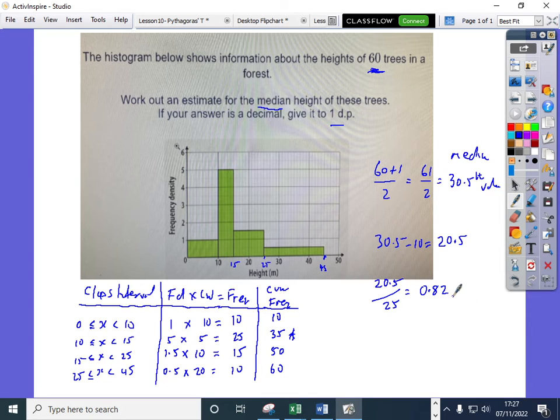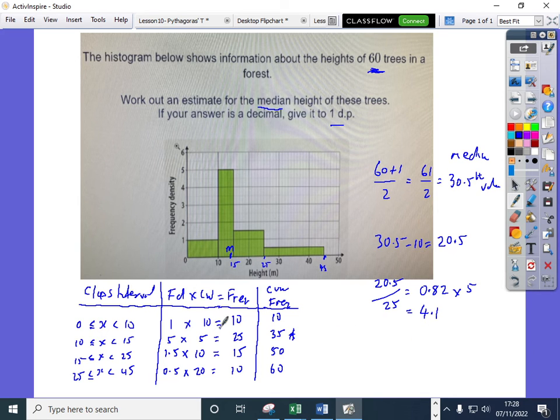If I multiply that by the class width, which is 5, that gives me 4.1. So I want to go from here, and 4.1 along here will give me the median value.